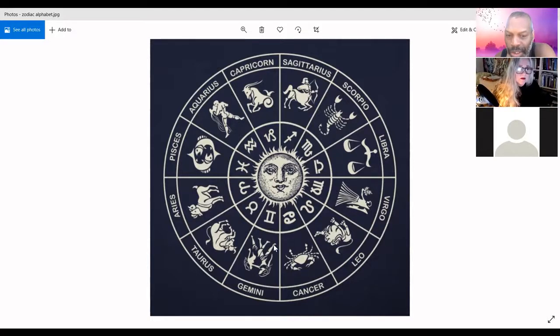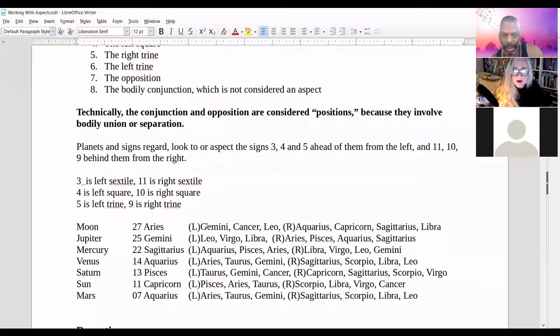Left square is Cancer. Left trine is Leo. As you see that I did in mine, I listed left and those 3, and then right and those 3, and then always the 7th as well. Libra is the opposite of Aries. That's just how I've done it. You can do it however else you want to.